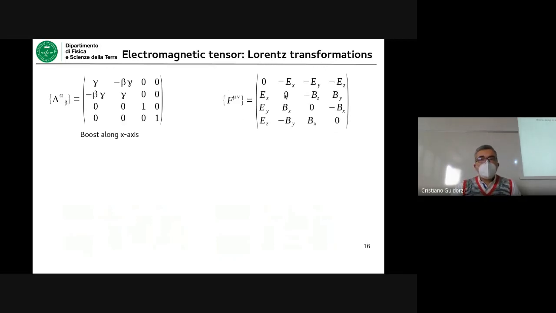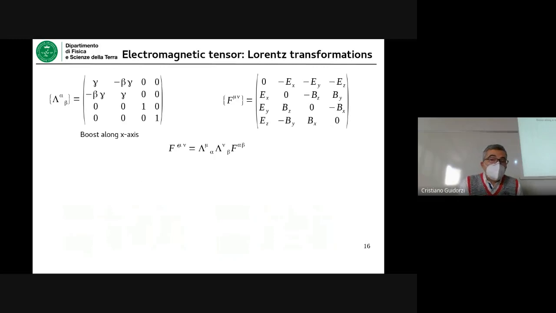We want to know what it looks like in the primed system. So our goal now is to find the electric and magnetic field components in the primed, in the moving system, with respect to the unprimed quantities. So in a word, we want to see how both fields transform.